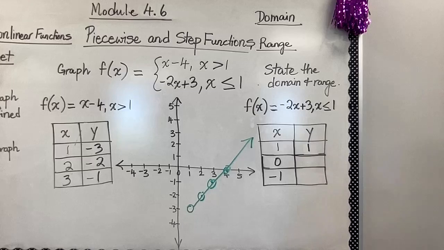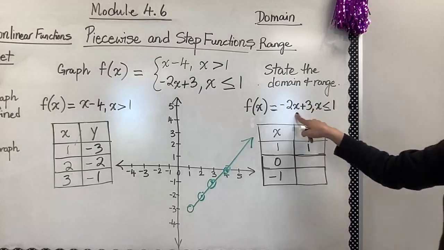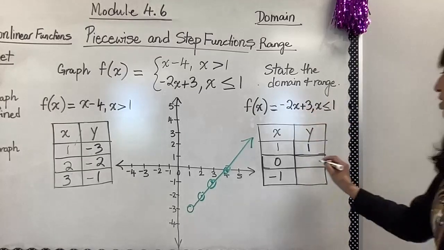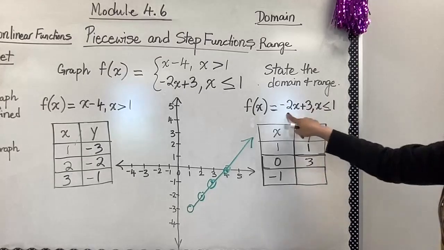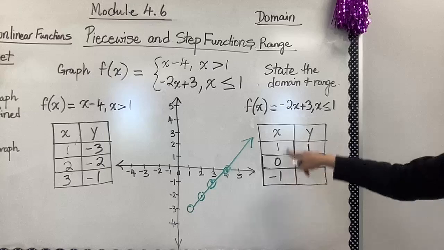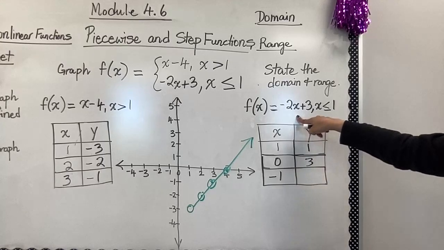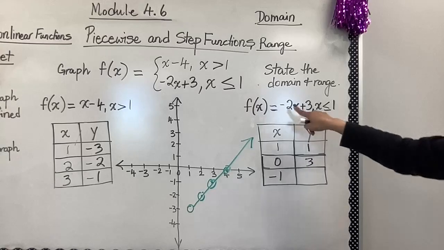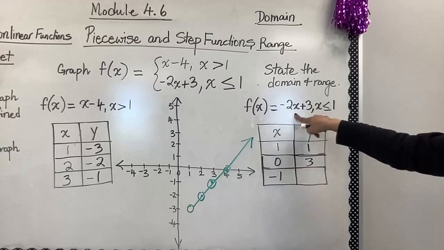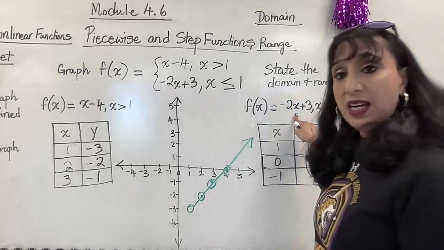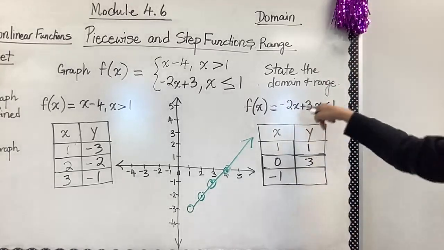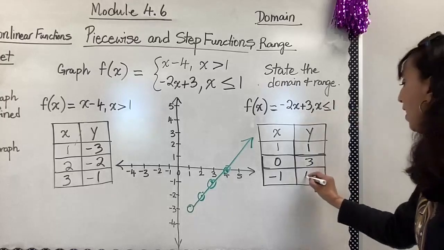Negative 2 times 0 is 0, plus 3 gives me 3. Negative 1 is my value of x, so negative 2 times negative 1 gives me 2, because negative times negative is positive, plus my 3, and I get 5.